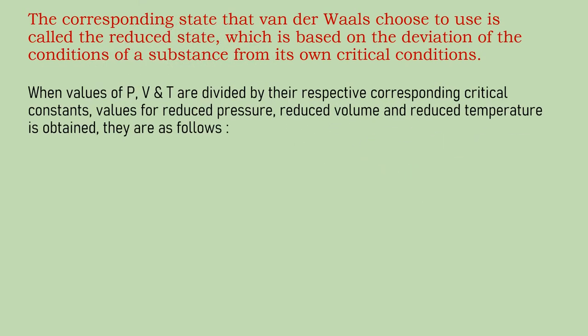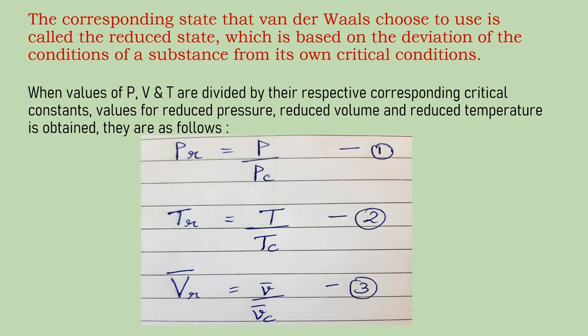When the values of P, V, and T, that is pressure, volume, and temperature, are divided by their respective critical constants, values for reduced pressure, reduced volume, and reduced temperature are obtained, as follows. Here, PR, that is reduced pressure, is equal to P, the pressure, upon PC, which is the critical pressure.